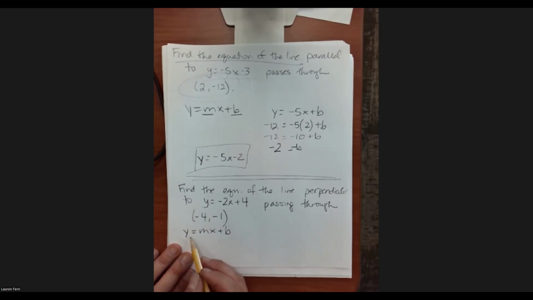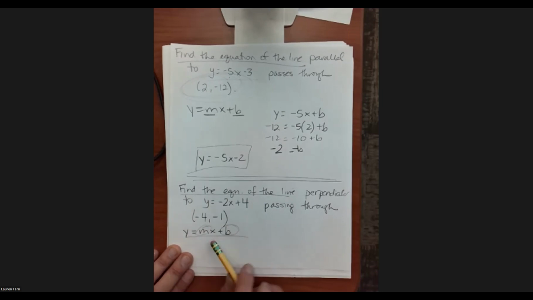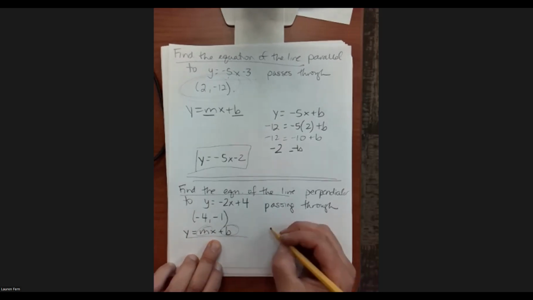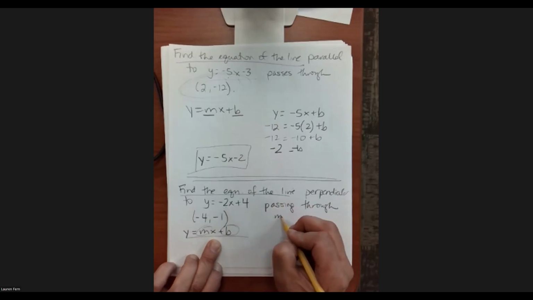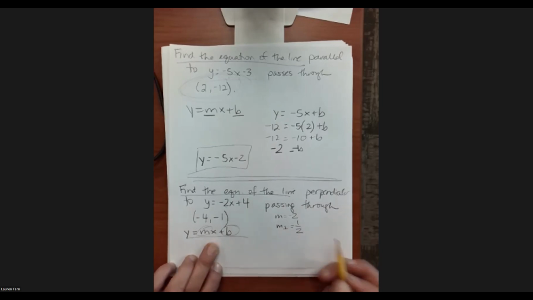Okay. Do you agree? We want to find the equation of a line, therefore we need to find m and b. Well, do we know the slope of the line that we're looking for? Yes. What do we know? We know it's perpendicular to this line, and the slope of this line is -2. Therefore, what's the slope of our line? Yep. It is 1/2.